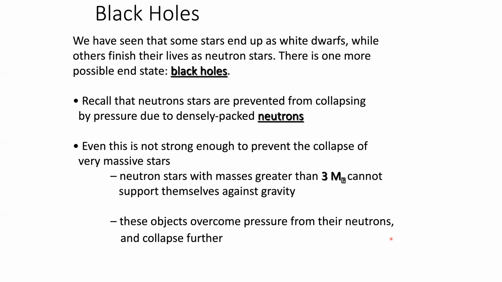Once again, the low mass stars will become white dwarfs, and it is possible that the white dwarf becomes a type 1A supernova as a result of accreting some matter from a surrounding star. And the high mass stars will undergo a type 2 supernova explosion, and after that you will have a neutron star remaining. So those are the two endpoints.